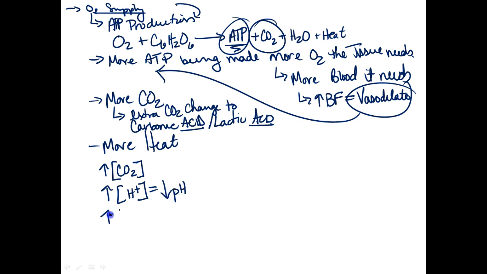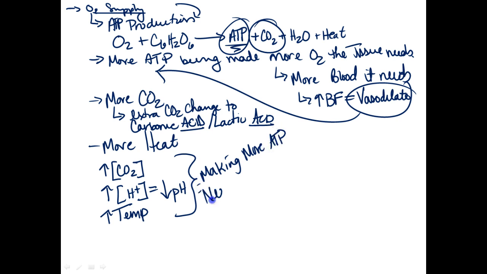Finally, the increase in temperature. All of these things mean that we're making more ATP. If we're making more ATP, then we need more oxygen. We better increase blood flow, which equals vasodilate.